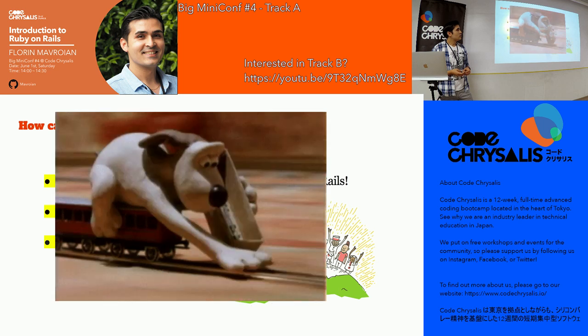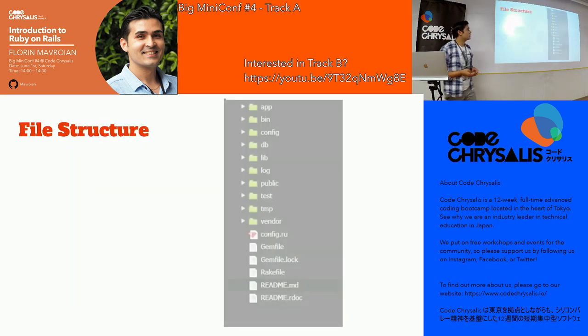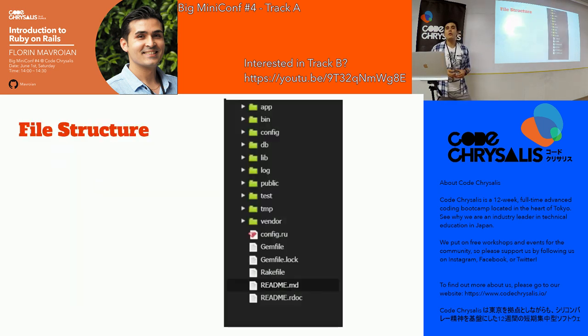Okay, so let's see a little bit of the file structure. This is what you get out of the box. When you first start your Rails app, you specify the name of your app, and this is the file structure that you get, and everything inside it.